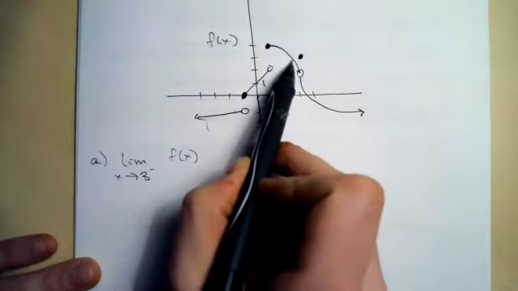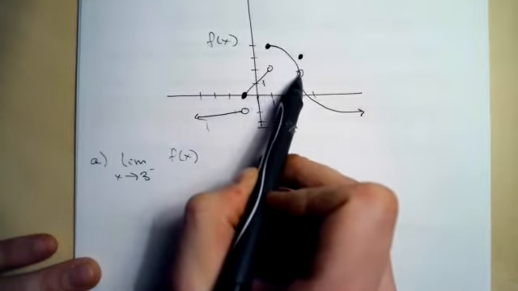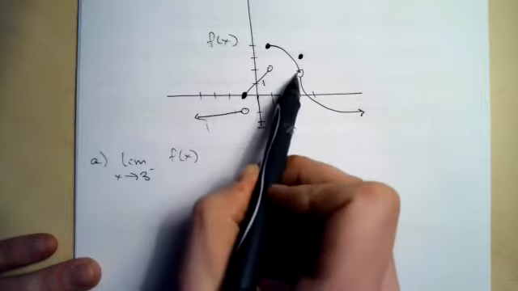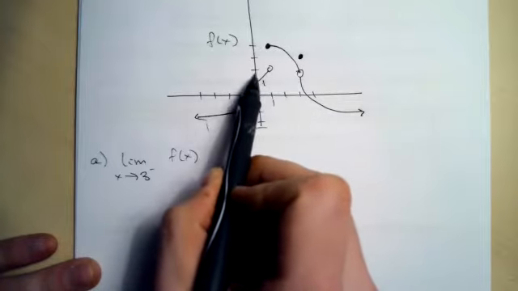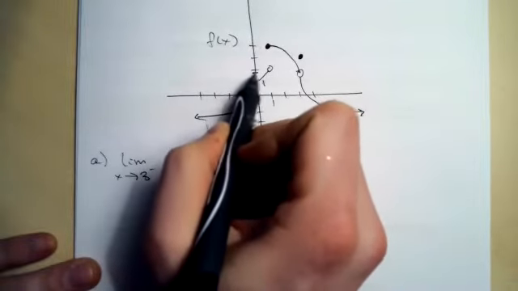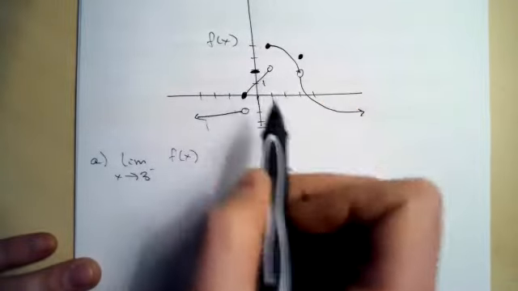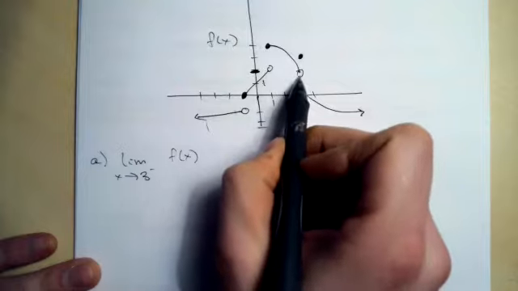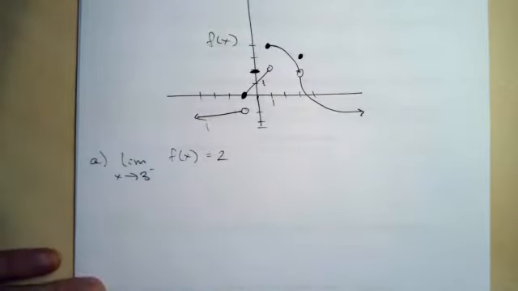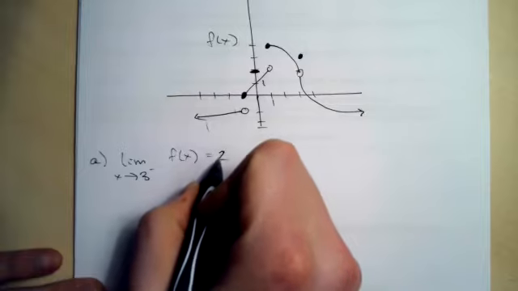What's the y value that we're actually getting close to? Not necessarily the one that's defined there. And we see that the y value we're getting close to should be 2. Sorry, my scale's a little off. Let's make it that tick mark there. And so our left-sided limit is just 2.